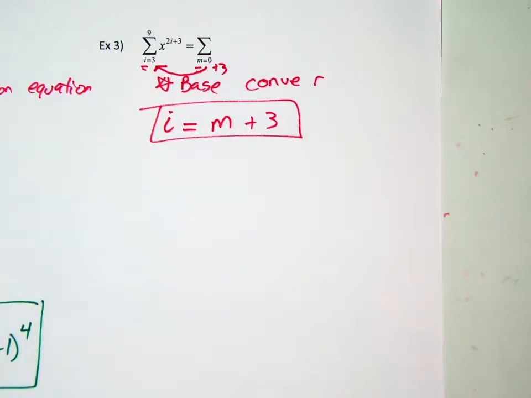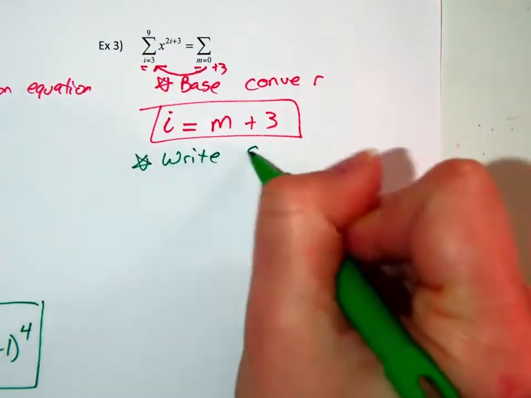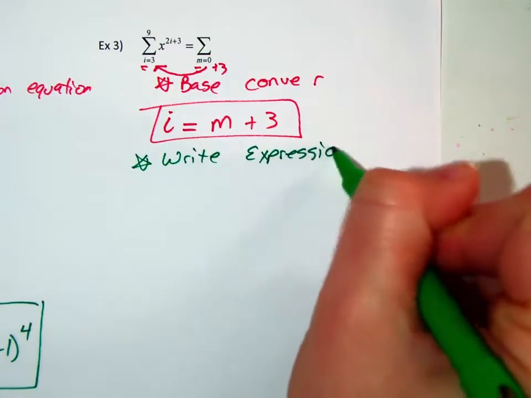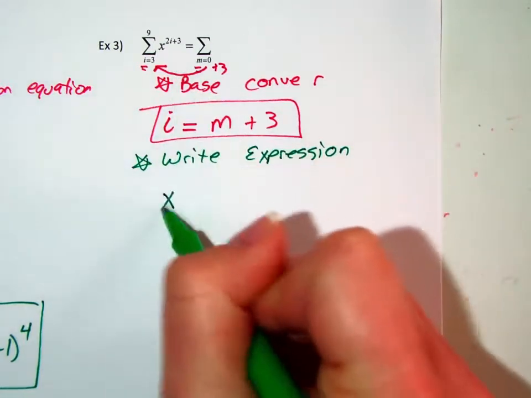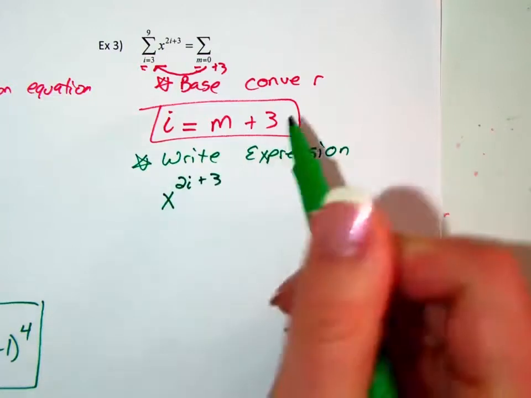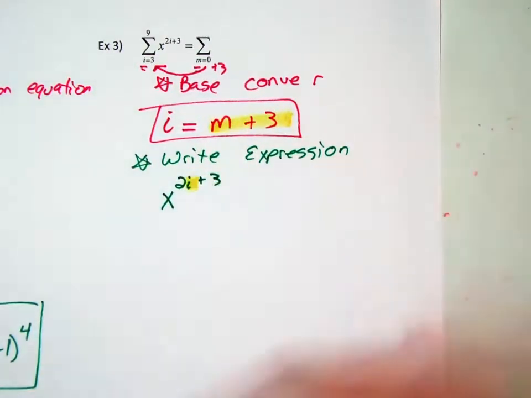Now we actually need to write our new expression. So my original expression was x to the 2i plus 3. But now we're going to take m plus 3 and put it in place of the I in this equation.